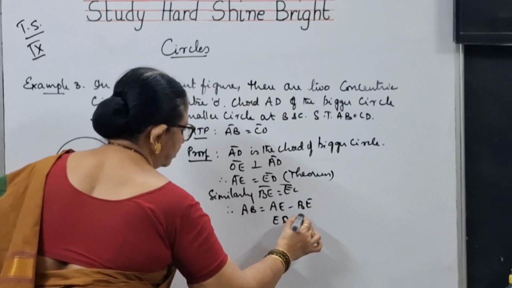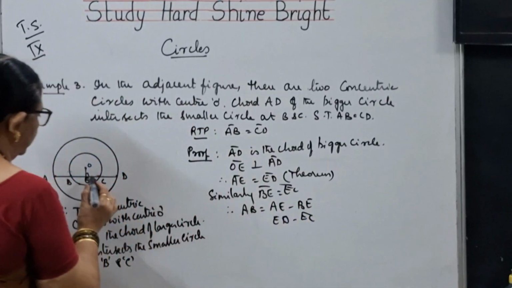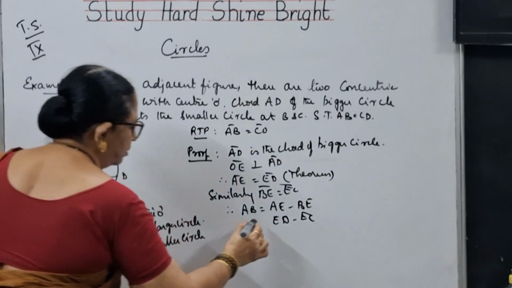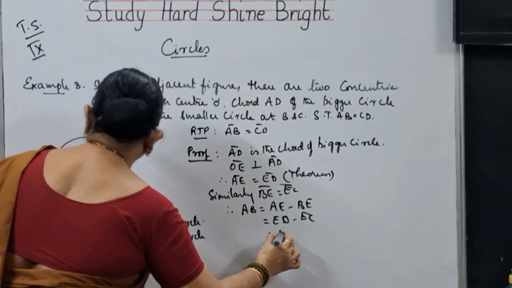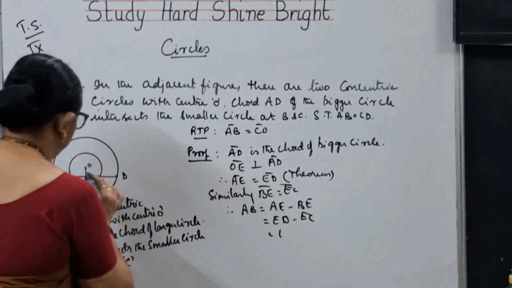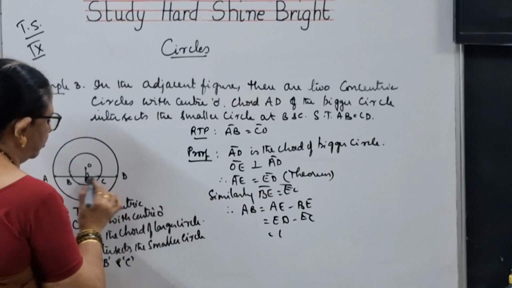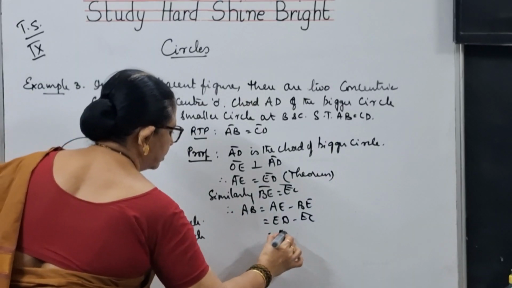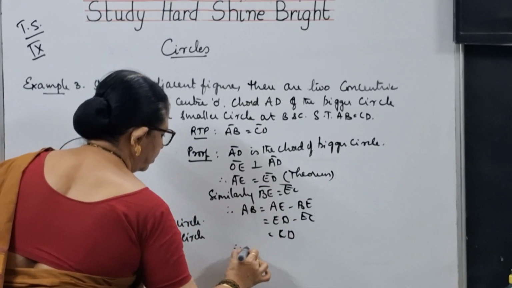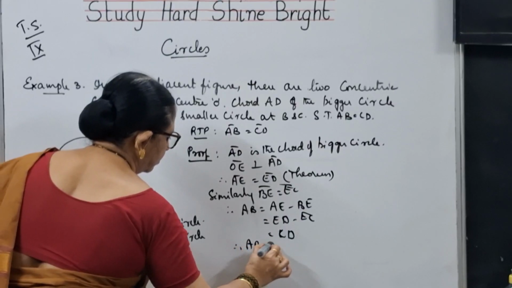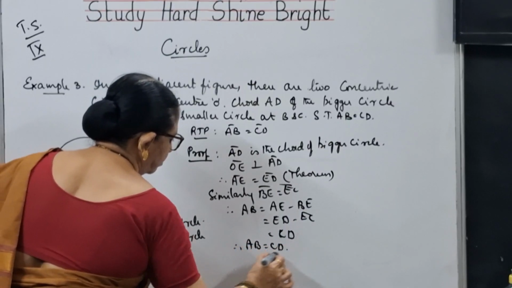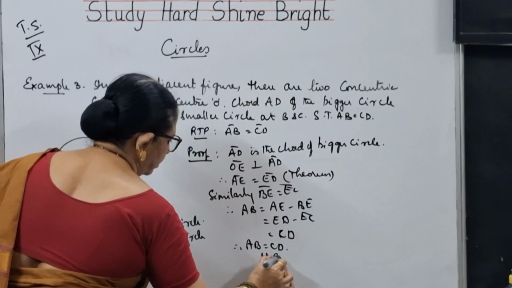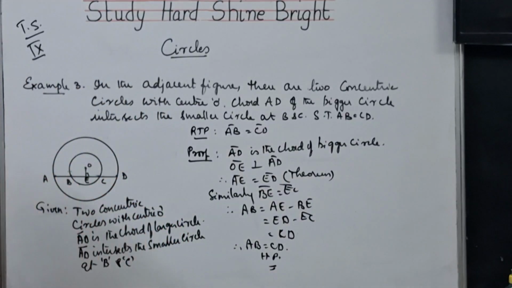BE is EC. So ED minus EC. What is ED minus EC? From ED if you minus EC, this is CD. Therefore, AB is equal to CD. Hence, proved. In this way, you can prove.